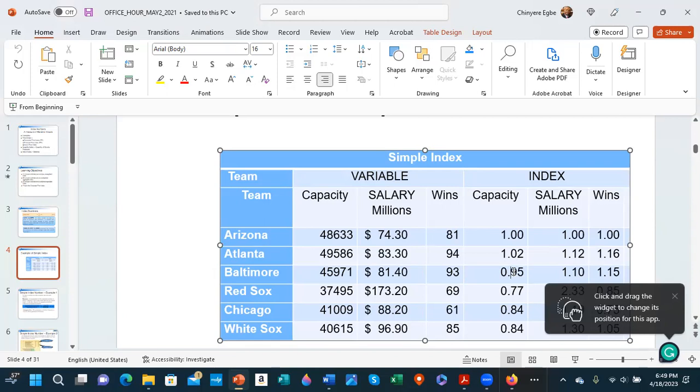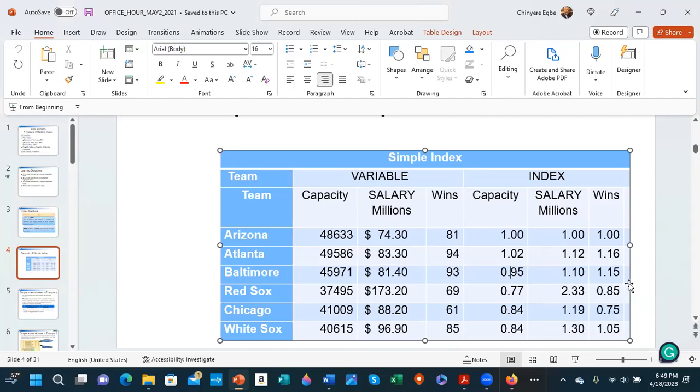So this is what we call a simple index, okay? It's a very simple index that simply takes a base and then we divide the values of the other locations or the other units or the other members of the same population, it could be a time, by the base, and simply enables us to compare one value to the other.